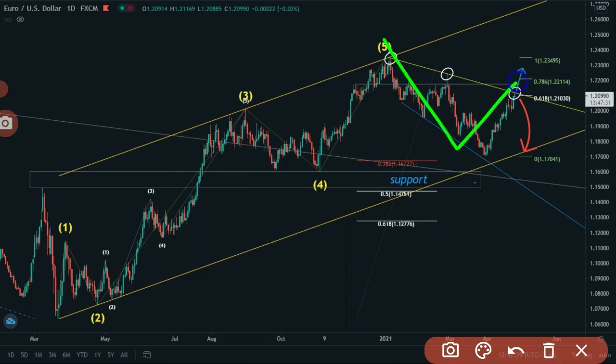This can be double zigzag, and it has made lower low, lower high, lower low, and below this resistance it is again making lower high, because this trend line has already tested 2 times, and now price is testing this trend line for 3rd time.